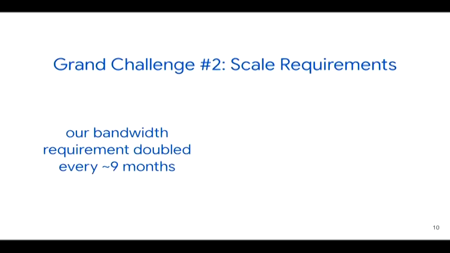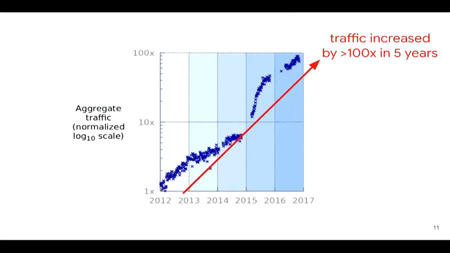For example, scaling. This is another grand challenge that we have faced in B4. Now, we've seen that our bandwidth requirement has doubled pretty much every 9 months. And we've seen this trend quite consistently since the inception of B4. Looking at the traffic statistics, we've seen an incredible 100x increase in aggregate traffic demand over the last 5 years.